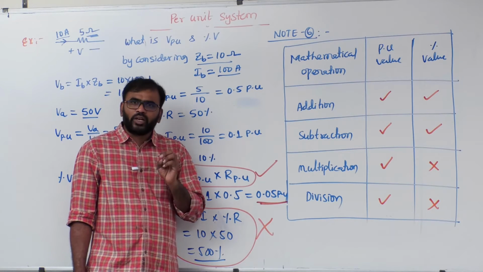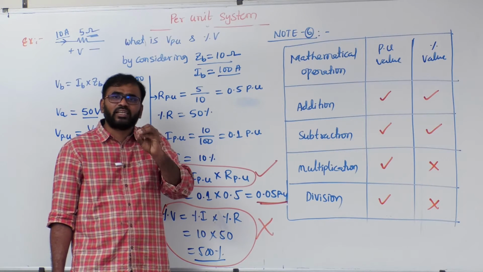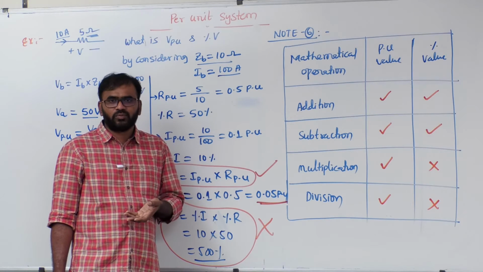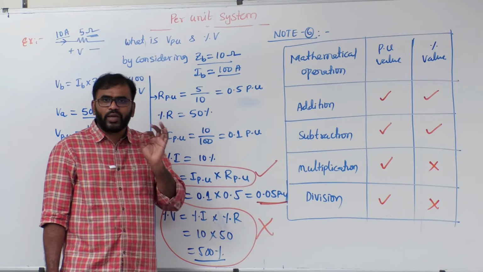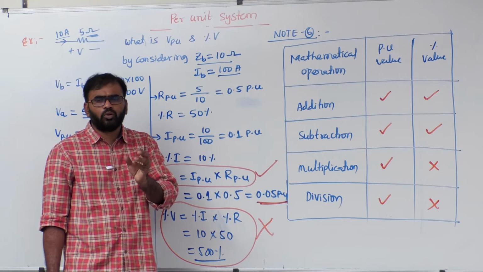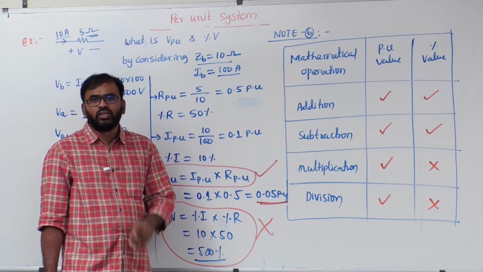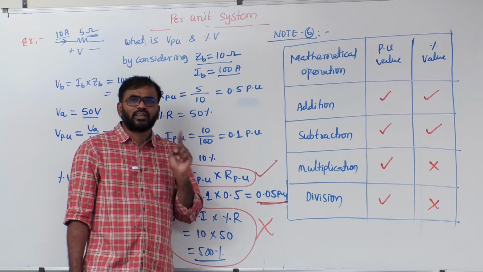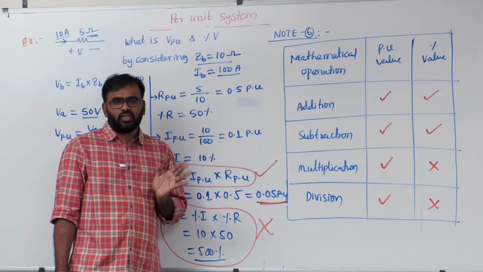Next, note number 3. The rating of the element is considered as default base if the base value is not given in the problem. If base value is given in the problem, no confusion, directly you take that. That is our note number 3.